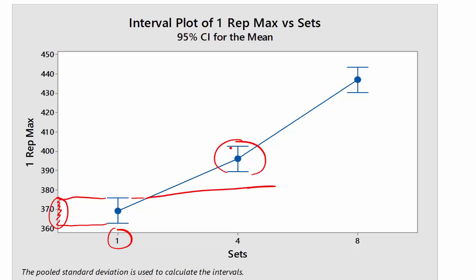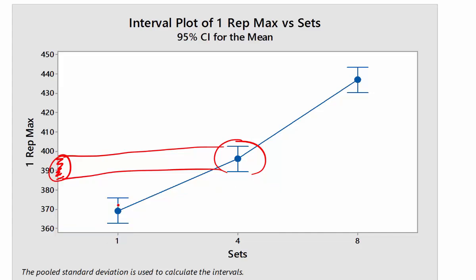So the mean for the 4 set group is supposed to be somewhere between here and here on this vertical axis. And you can see that there's no overlap between the 2, correct? There's no place where this interval crosses over with this interval. And because of that, we can say there's a significant difference between those 2 means, right? Which means that the average maximum squat for the 1 set group seems to be significantly smaller than it is for the 4 set group.